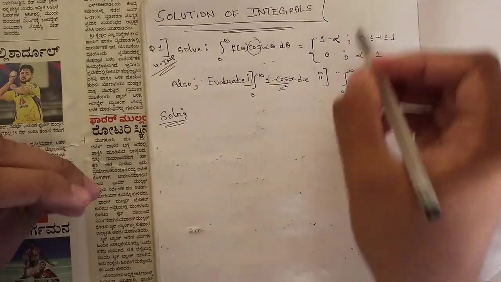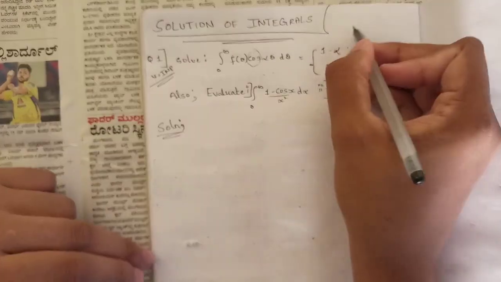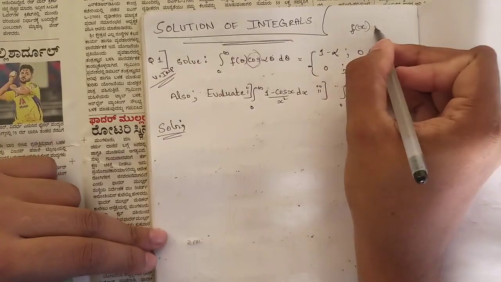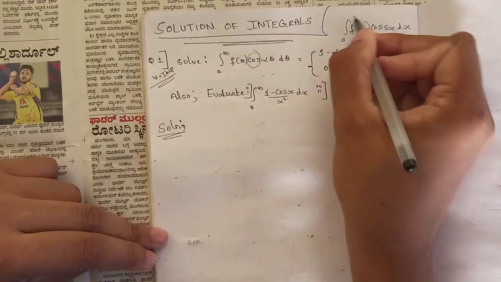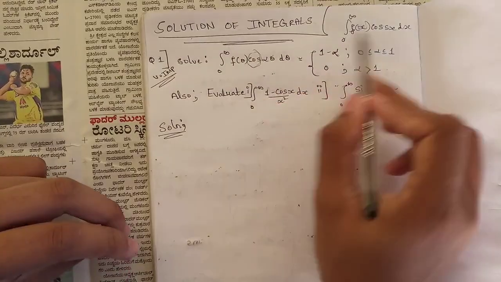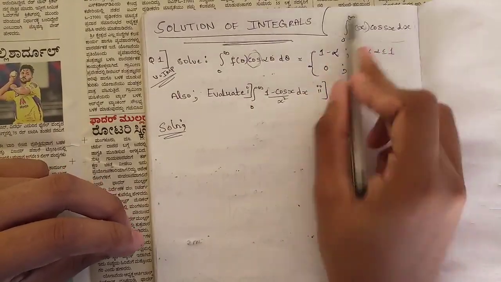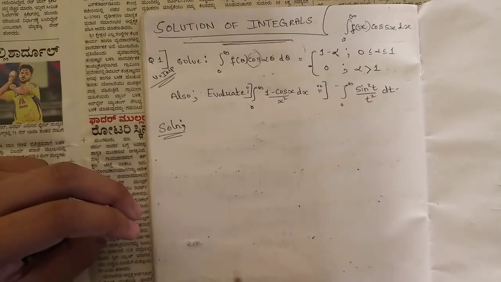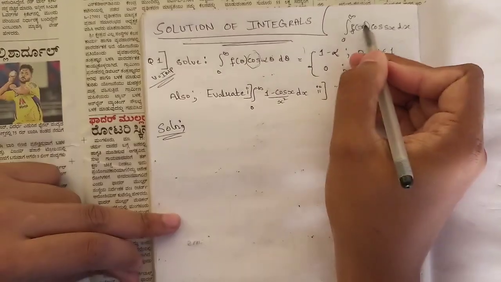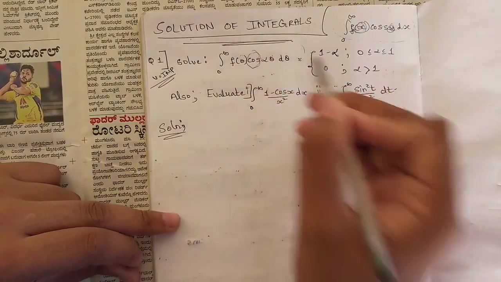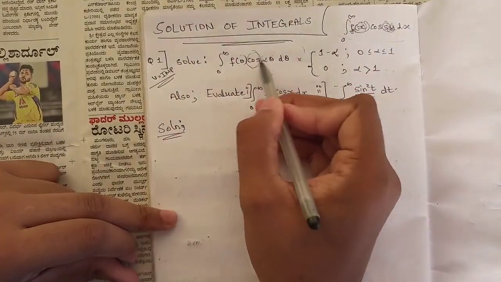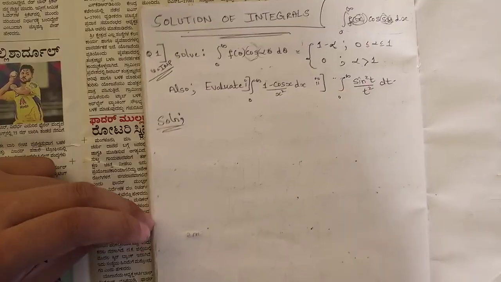The formula for the Fourier cosine transform is the integral from 0 to infinity of f of x cos sx dx. What changes do we observe between this equation and that one? If you observe carefully, in place of x we have theta, and in place of s we have alpha.